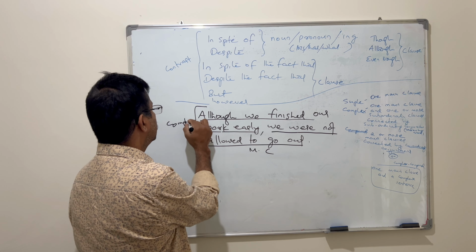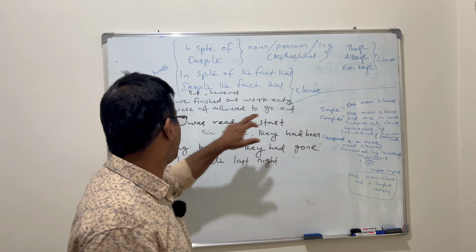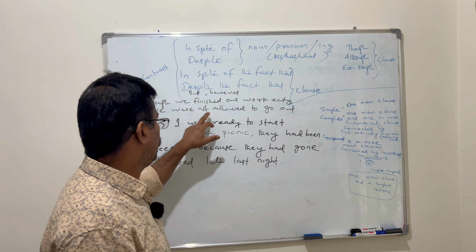In the example for a complex sentence, although we finished our work early, comma, we were not allowed to go out. This is a complex sentence because the first clause is a subordinate clause, and the second clause after the comma is the main clause.